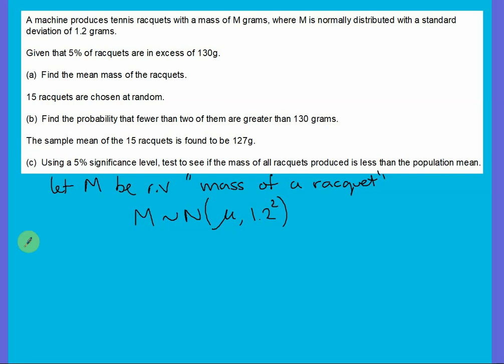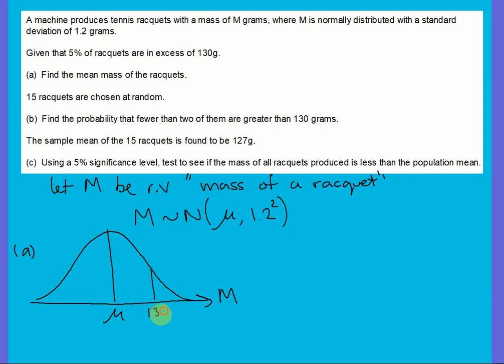Now, part A, as soon as they ask you to find the mean, I'm thinking standard normal. So here's m. We don't know this, but we do know that 5% are in excess of 130.